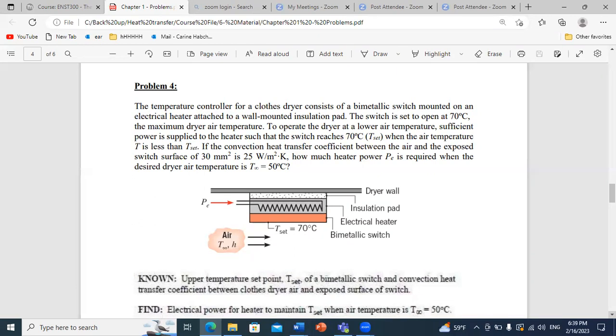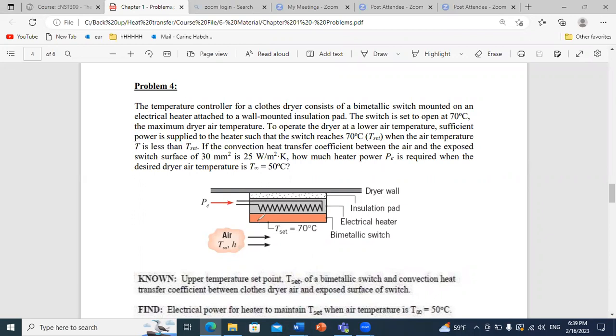So look, sometimes the description can seem complex, but in reality, when you want to see the energy equation involved, it can be a very simple equation. Here, for example, you have a system that is used in a machine to dry clothes, but the concept is very simple. You want to supply an electric power in a way to maintain this surface temperature constant.